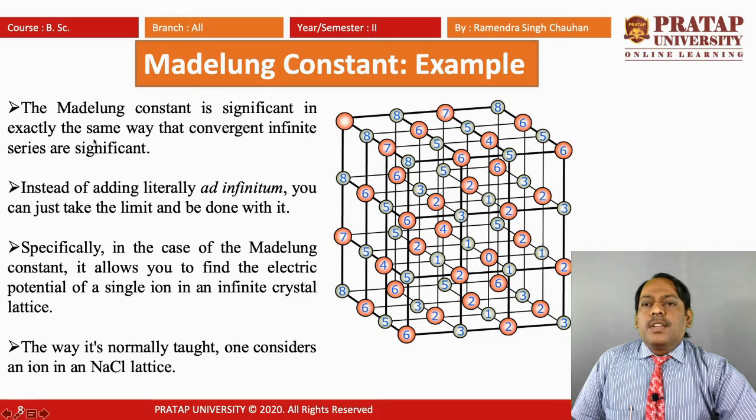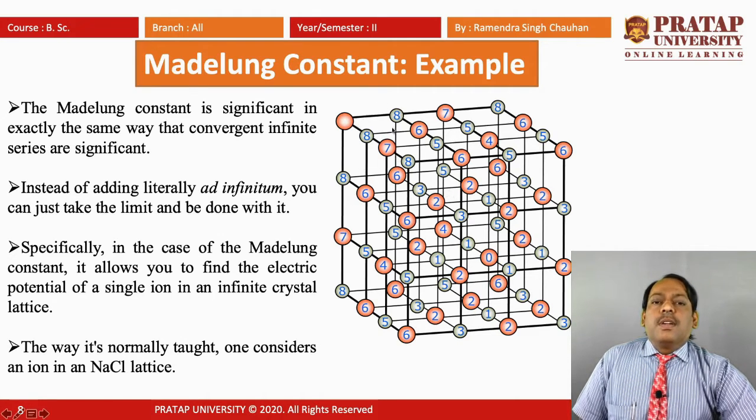Now we can see there are different types of atoms in this diagram, which is a 3D image, where suppose we take this number 0.